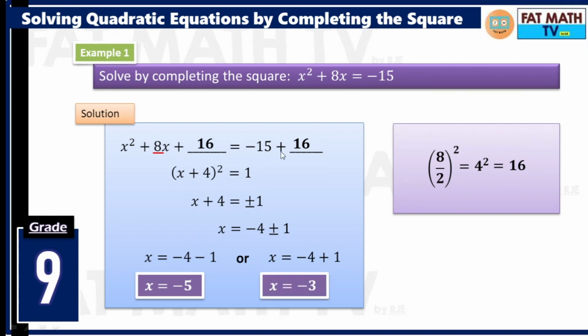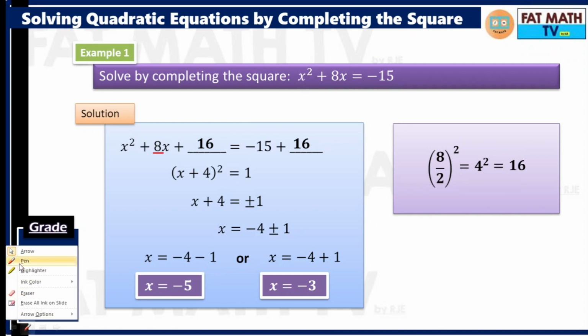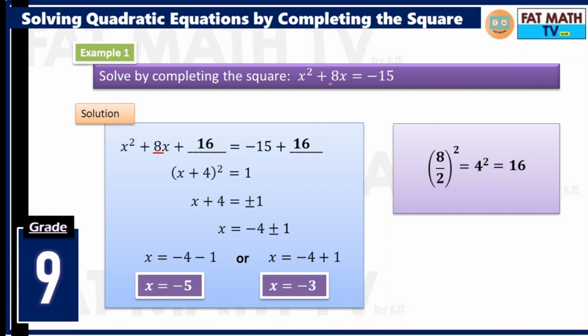If you want to check if your answer is correct, just plug these numbers into the original equation. Negative 5 squared, that's positive 25. Plus 8 times negative 5. So this is going to be 25. 8 times negative 5, that's negative 40. 25 minus 40 is indeed negative 15.